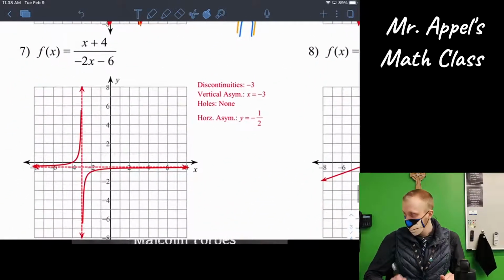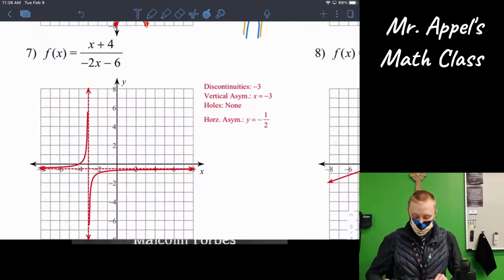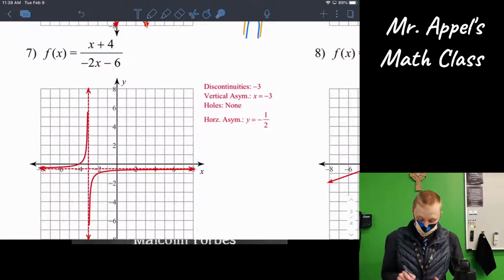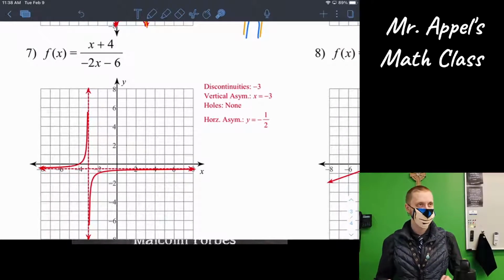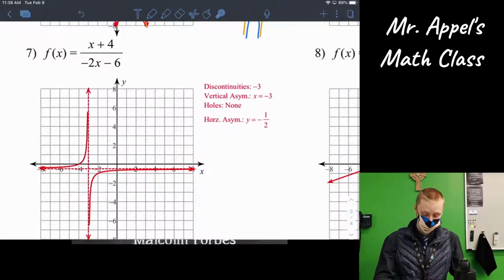There is 6. No, 7. We're on 7. I lost count. So that one's probably a little tough just because the horizontal is at the half. But otherwise looks pretty much the same.